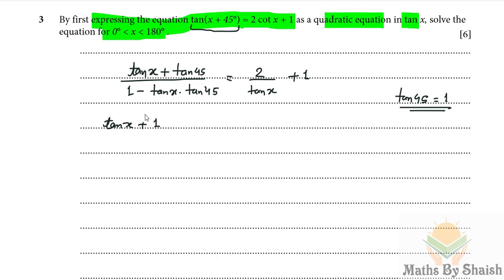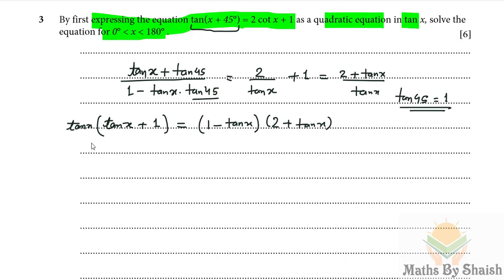I'll transfer it to the other side, and we can simplify it in one more line: (2 plus tan x) over tan x. Now we are doing the cross multiply at the same time, so it becomes tan x multiplied by this whole numerator equals this (1 minus tan x) only, because tan 45 is 1. So (1 minus tan x) into (2 plus tan x).